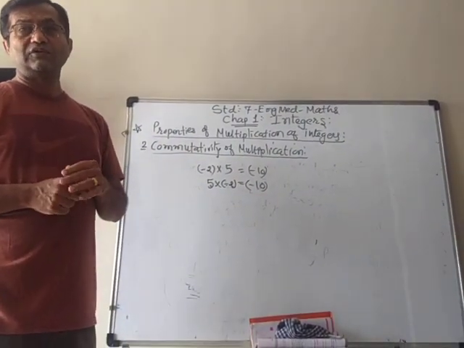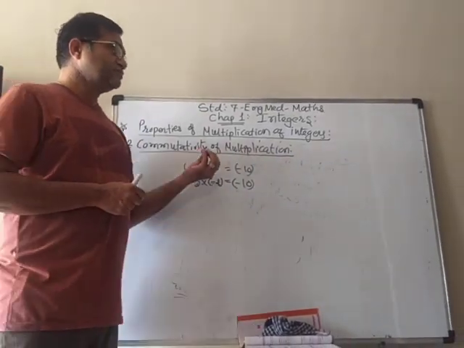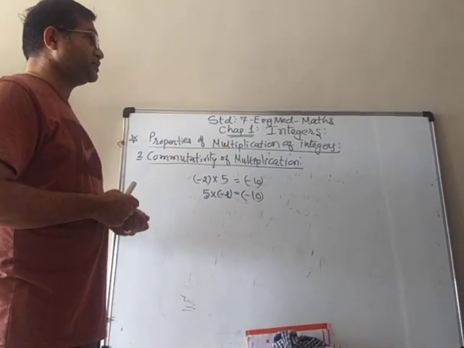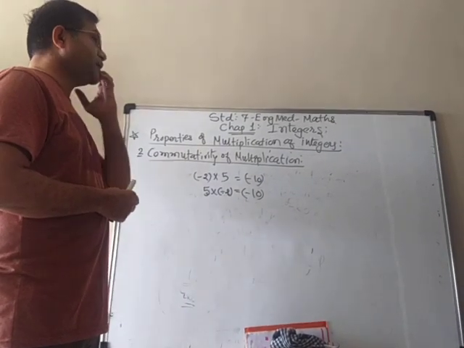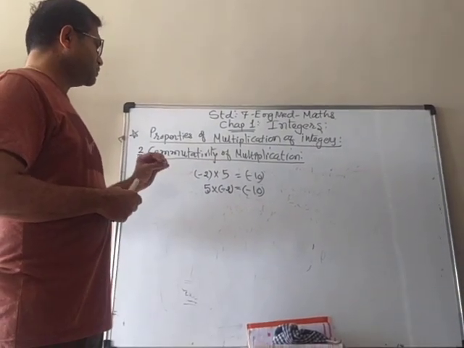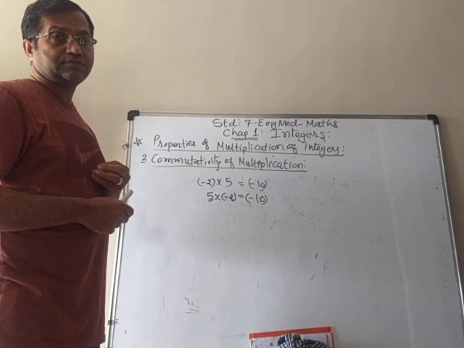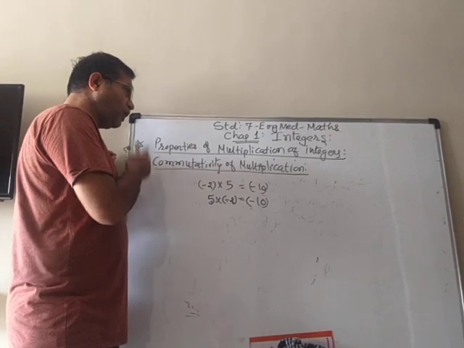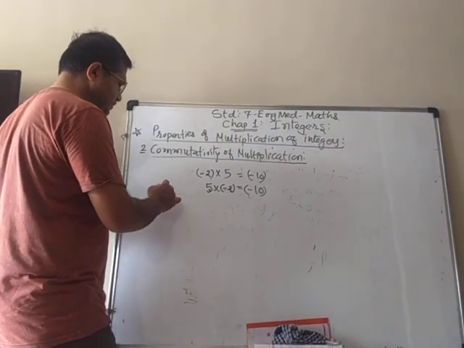The answer will be the same. The answer cannot be changed. This is the commutativity property. It means that multiplication is commutative, or you can say that integers are commutative for multiplication.